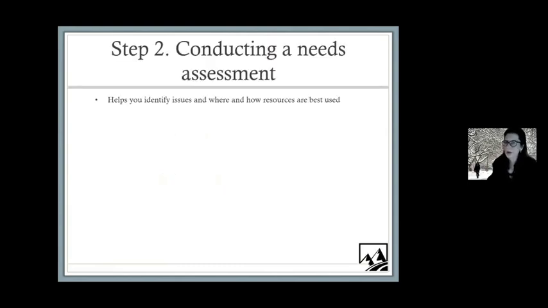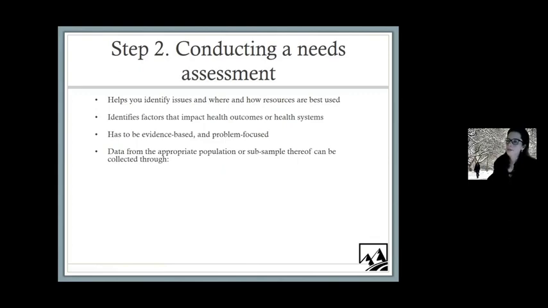This helps you identify the issue and where and how resources are going to be best used. It identifies factors impacting health outcomes or health systems already. The needs assessment should be evidence-based and problem-focused, and data from the appropriate population or a subsample thereof can be collected through a variety of different means: surveys, questionnaires, focus groups, meetings with stakeholders, or personal observation and interviews.